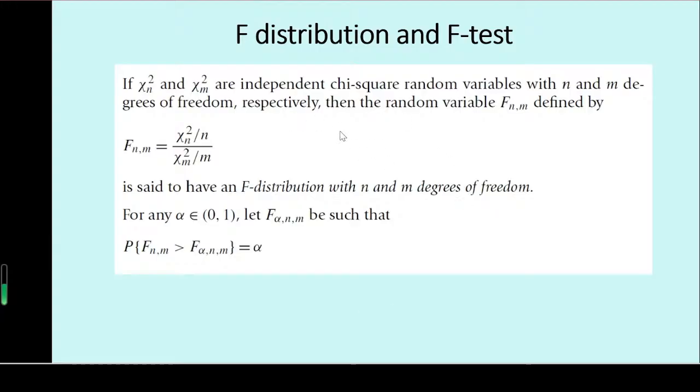And the chi-square distribution is connected with the standard normal distribution. If a random variable X has a standard normal distribution with 0 and 1 as mean and standard deviation, then X squared, this random variable's square, will follow a chi-square distribution with 1 degree of freedom.